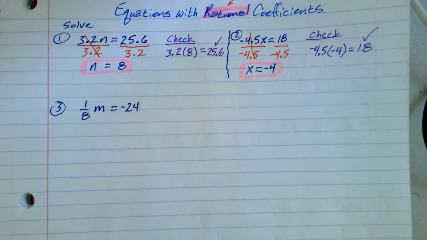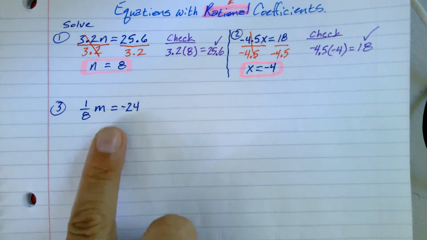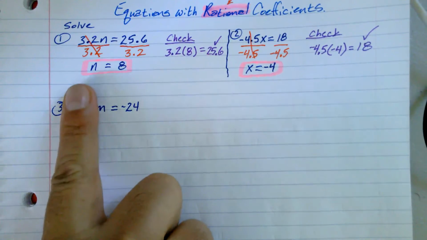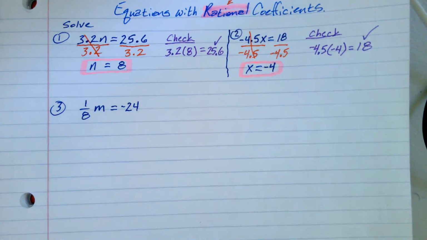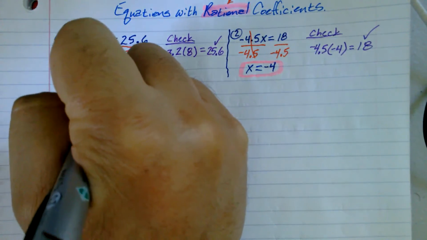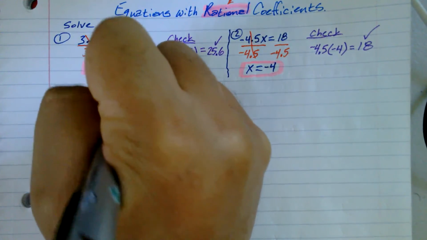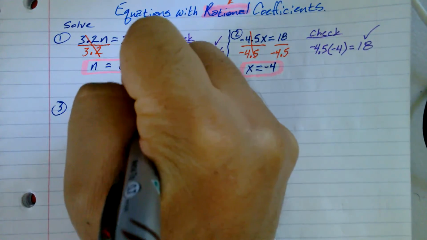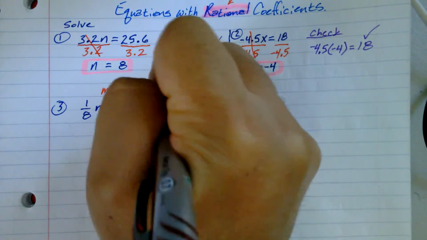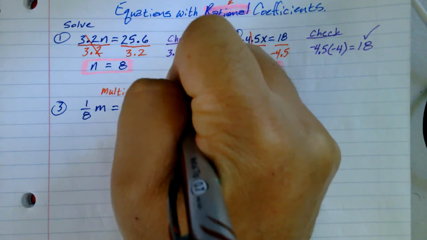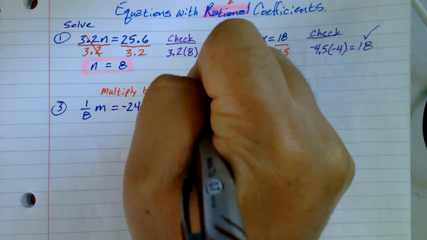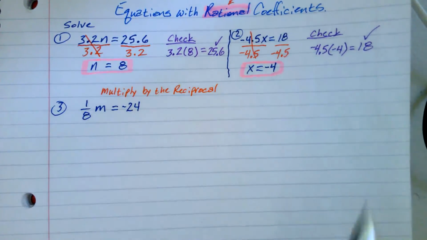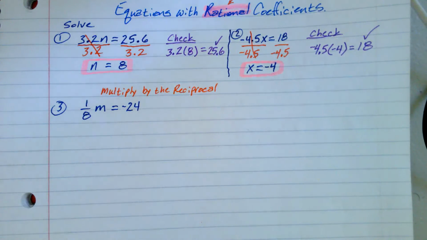We want to get rid of this 1/8, so that m is isolated by itself. That's our goal. What we're going to do is multiply by the reciprocal.